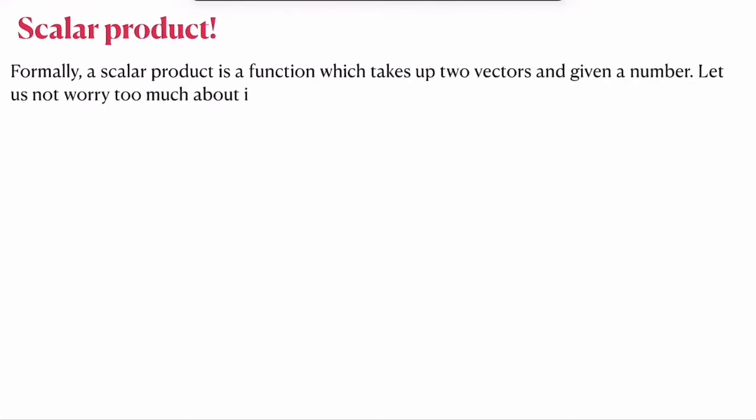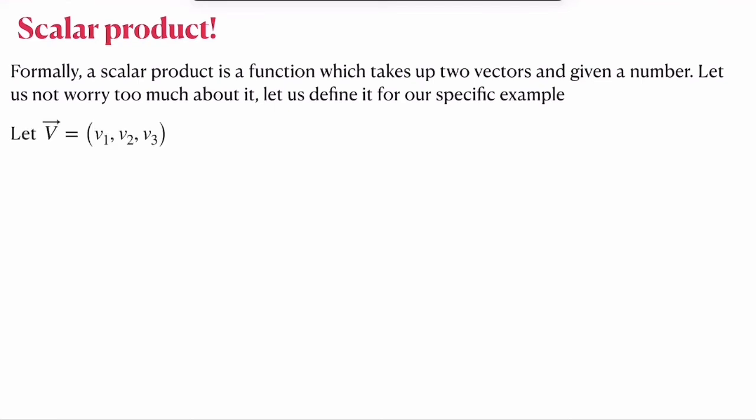Formally, the scalar product is a function which takes two vectors and converts them into a number. We'll not worry too much about this formal definition because it requires additional structure to be defined on your vector space, but we simply look at our example, and that can be easily extended to the vector space.